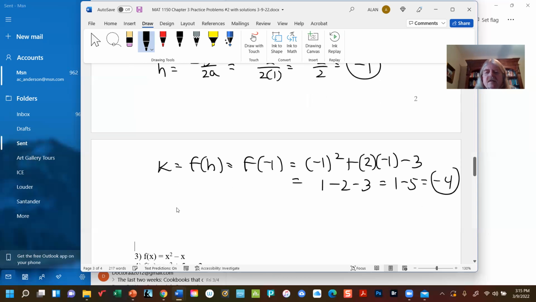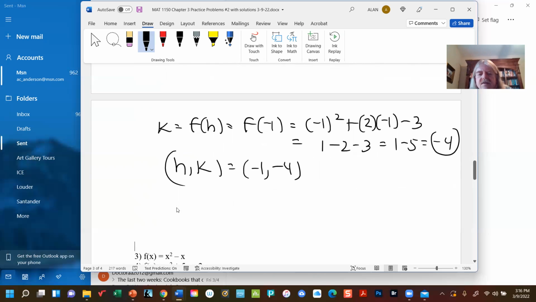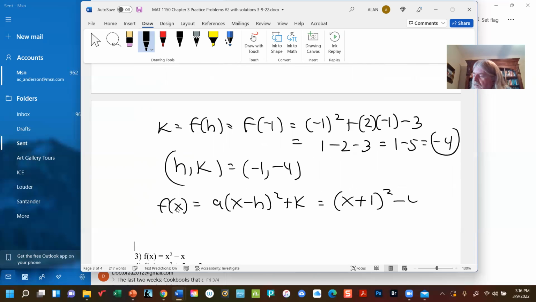All right, so that means that the vertex is, because the vertex form is written as a times x minus h squared plus k, you can rewrite this as, remember, a is 1, x plus 1 squared minus 4.